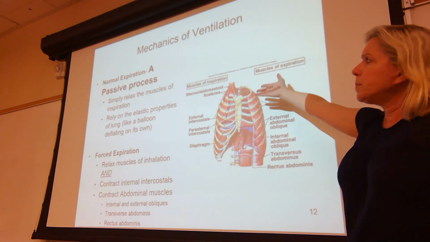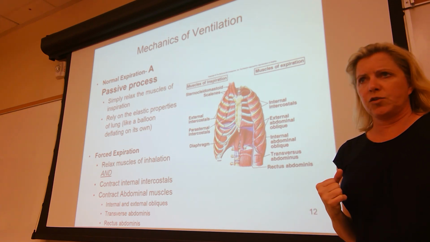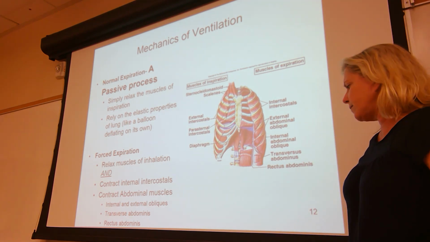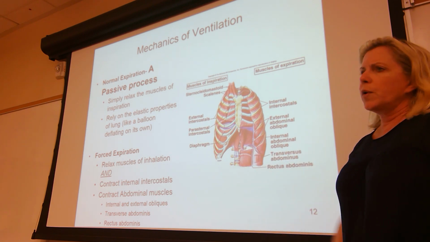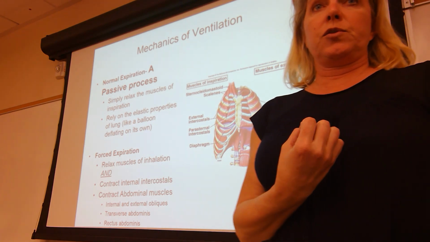So, what muscles do we need for expiration? No muscle contraction. We merely relax the external intercostals and the diaphragm. What about forced expiration? We now need to have muscle contraction.